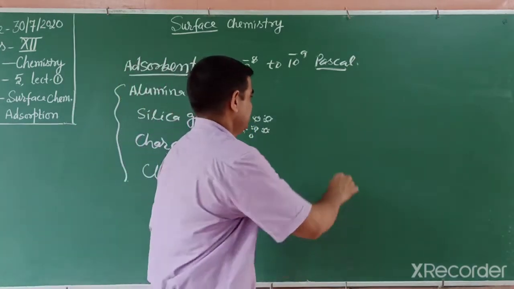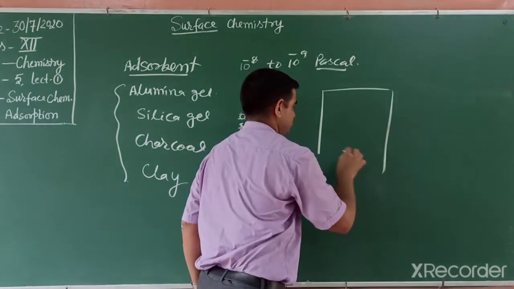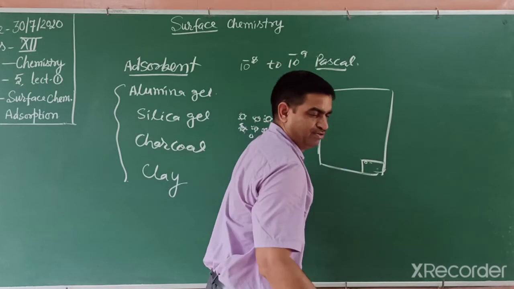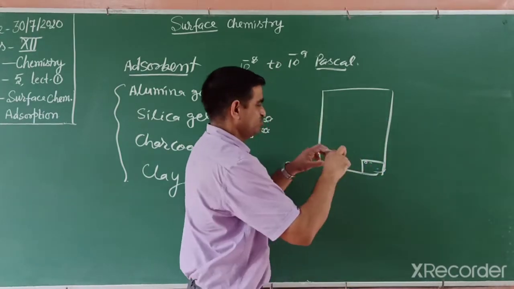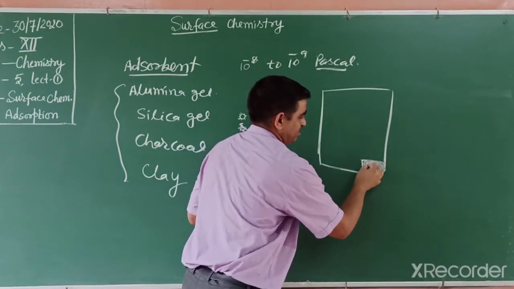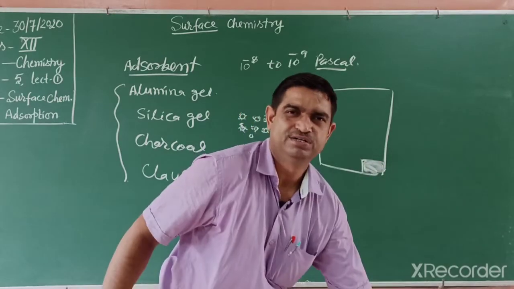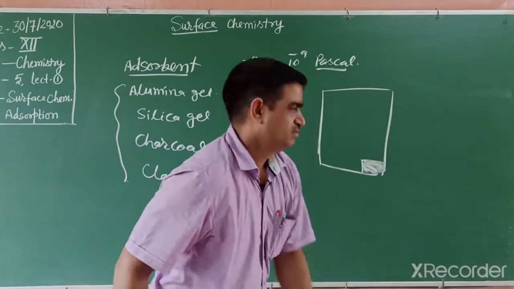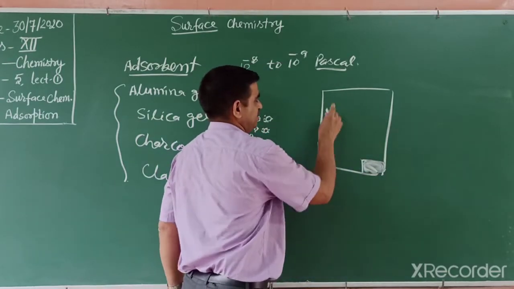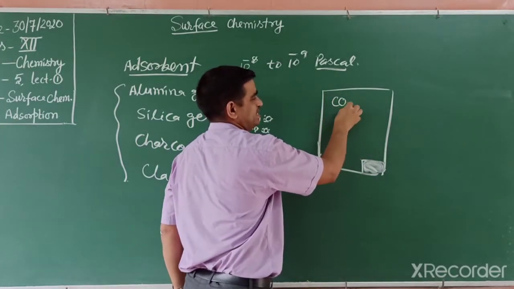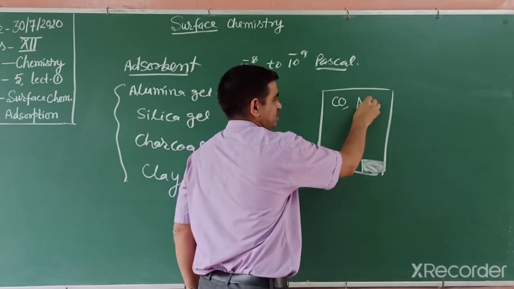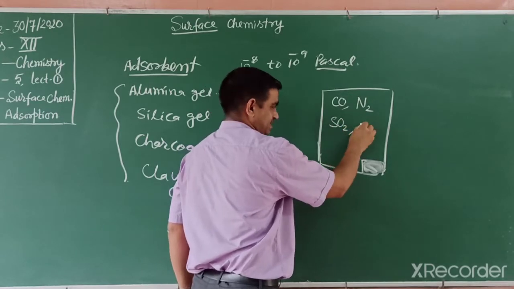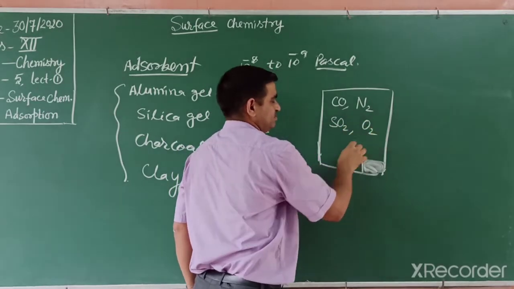Suppose this is a container, and in one corner of the container we place charcoal. Then we fill the container with carbon monoxide, nitrogen, sulfur dioxide, or oxygen.